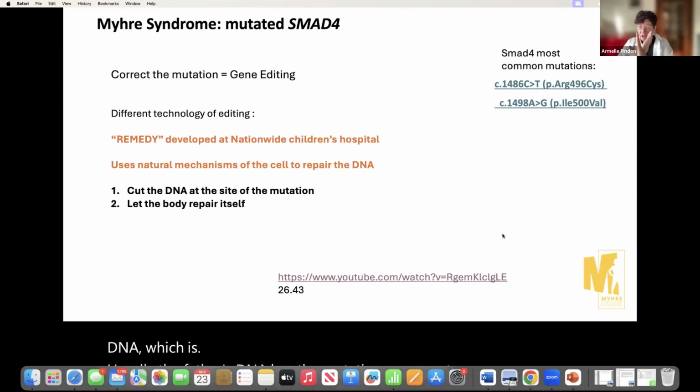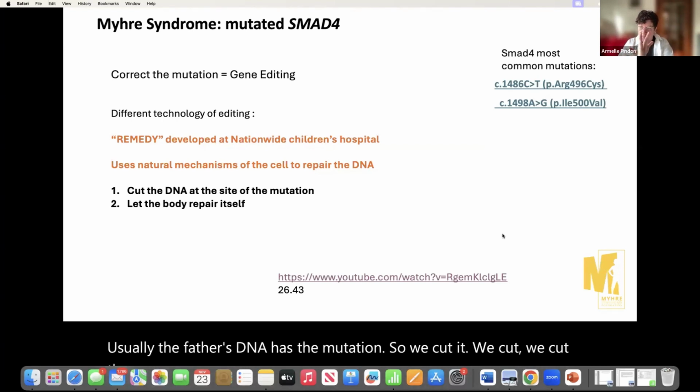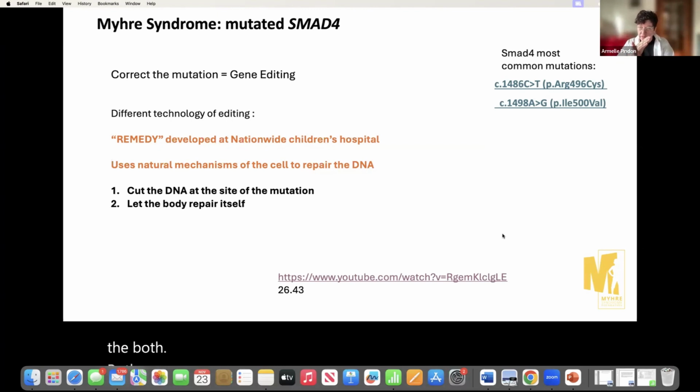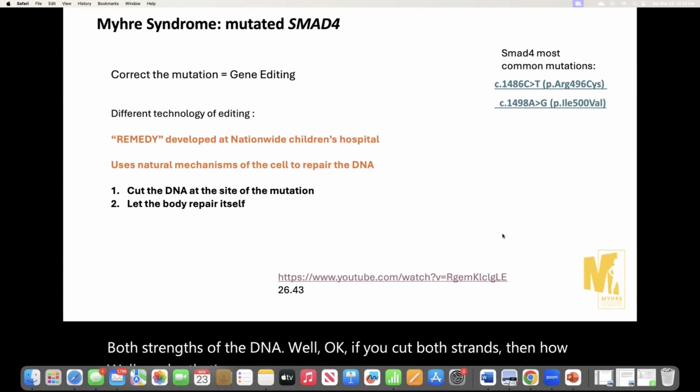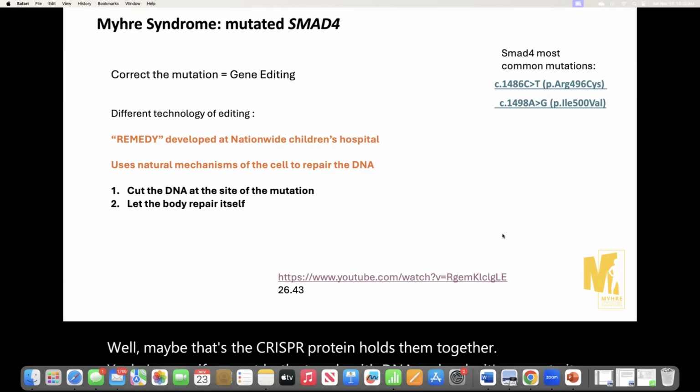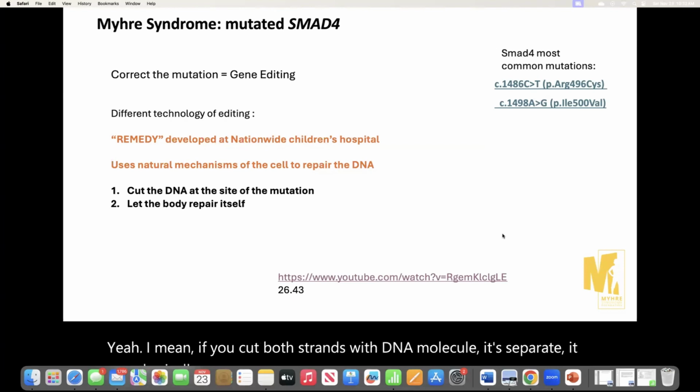We cut both strands of the DNA. Well, okay, if you cut both strands, then maybe the CRISPR protein holds them together. I mean, if you cut both strands of a DNA molecule, it can physically separate from the tail end.